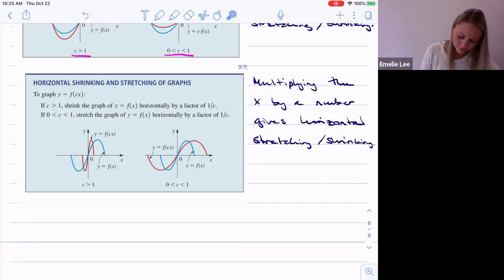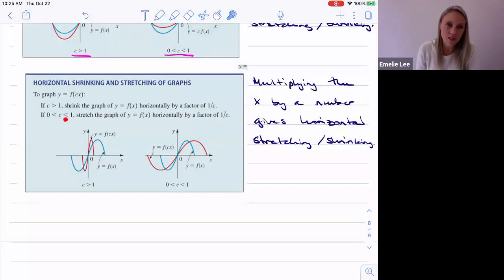Okay. So if you've got f of 3x, for example, your original f of x is this nice lofty blue line, whereas y equals f of 3x is going to be this kind of smushed together function. It's going to smush it by 1 over c.